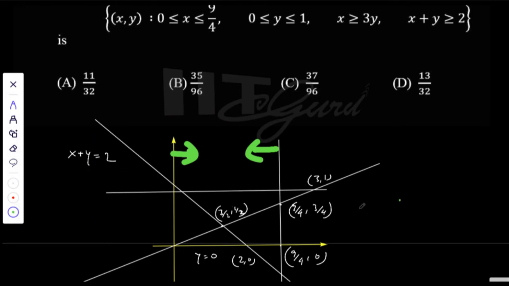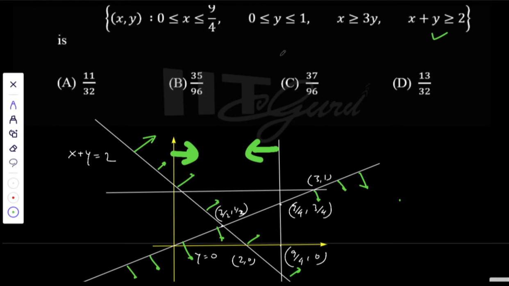If x plus y is greater than or equal to 2, it means you have to go in this region, beyond this line. And if x is greater than 3y, we have to go in this region of this line. So the common region will be here.